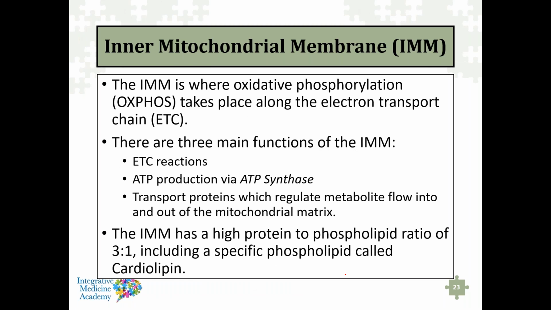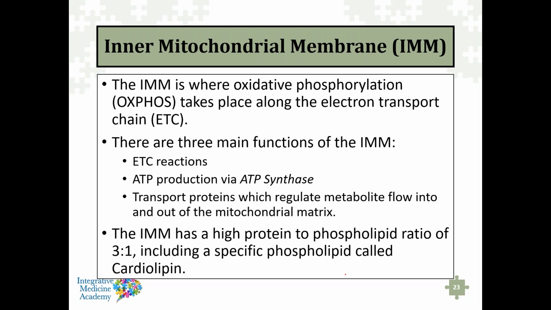Now, the inner mitochondrial membrane is where a lot of the action is. This is where the oxidative phosphorylation of the electron transport chain takes place. There are 3 main functions of the inner mitochondrial membrane. It houses the electron transport complexes that transfer electrons along that chain reaction.